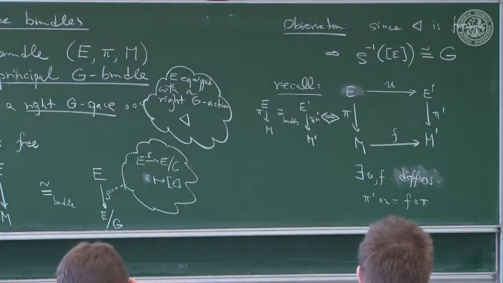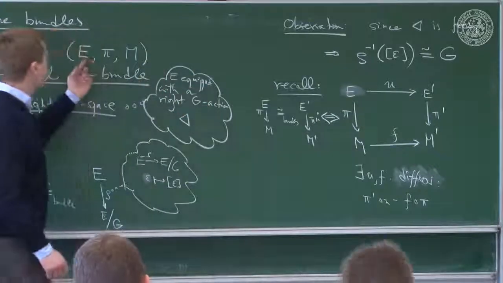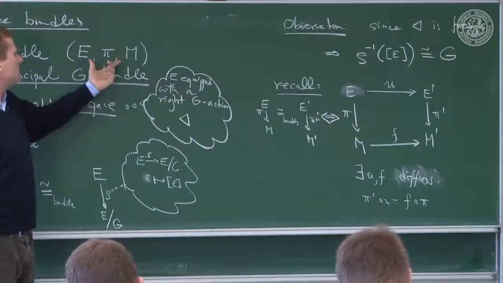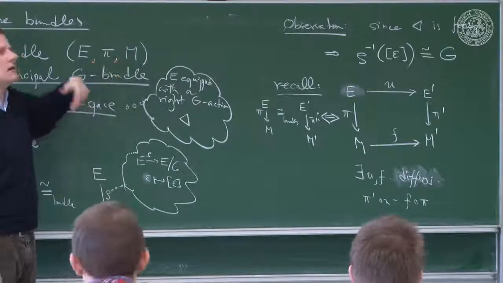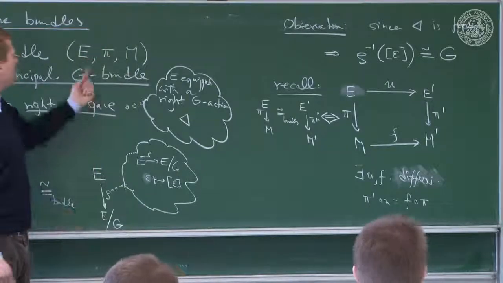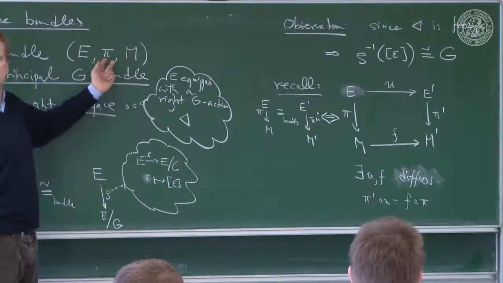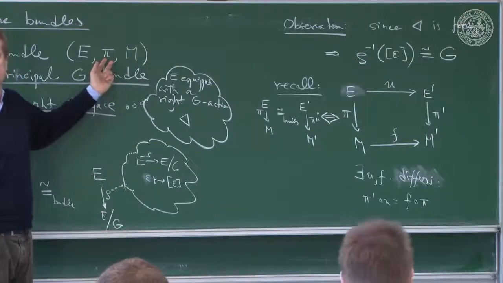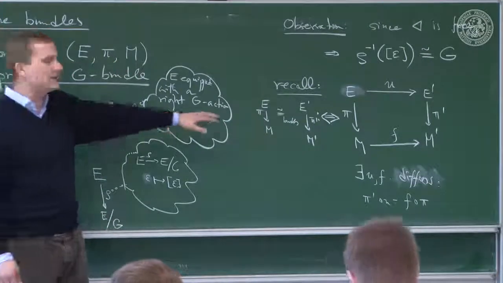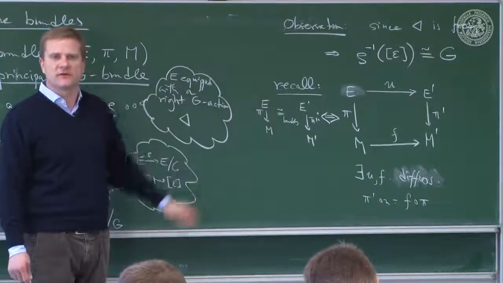As always, you have an object that consists of three elements, this, this, and this. If you want to define an isomorphism to an object of the same type, you better map every one of the objects by the isomorphisms of what they are. But if there's additional structure here, this pi, you better also preserve the structure. So in a sense, one doesn't need to remember this. One can always reconstruct it by thinking about what is structure preserving.